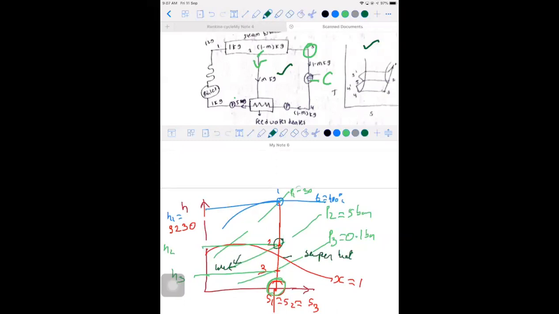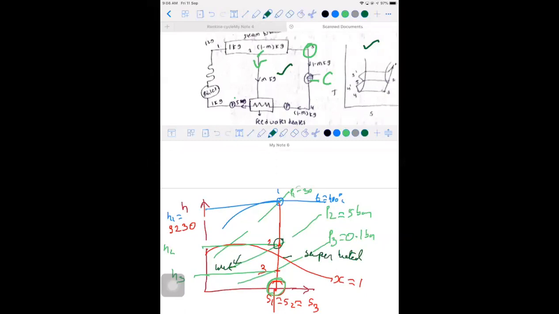How can you know that state 2 is in superheated steam? The only condition is you can observe what is the SG2.